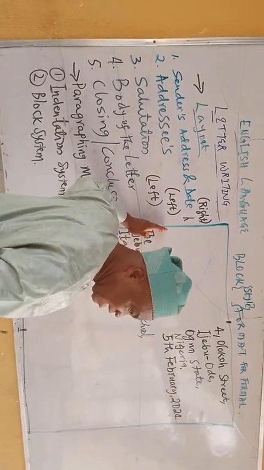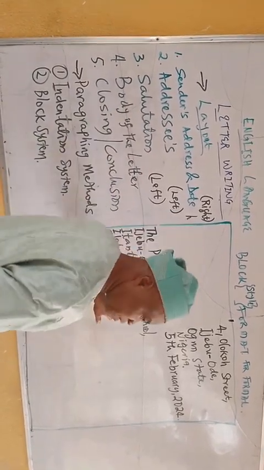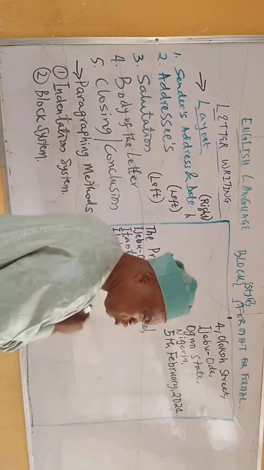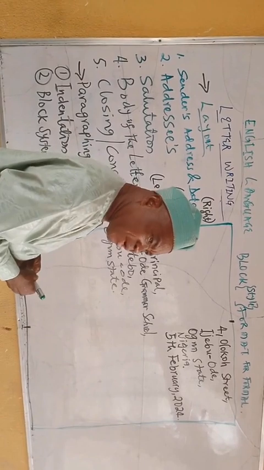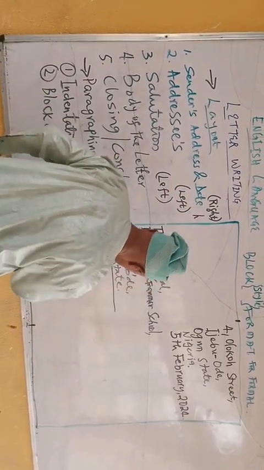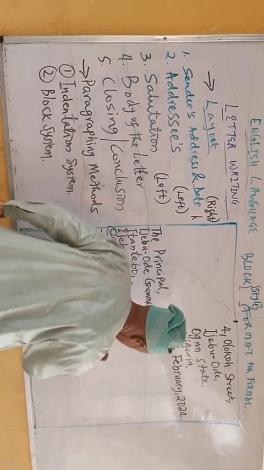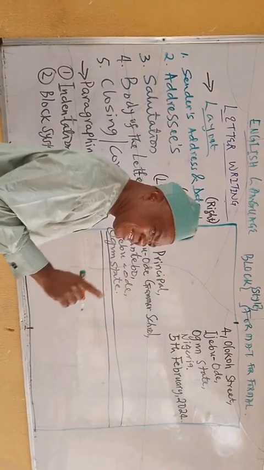On the left hand side, don't forget. Then the salutation follows. Because we are using the block system, here we are not going to do anything different from skip a line. Skip a line because we are writing a formal letter.